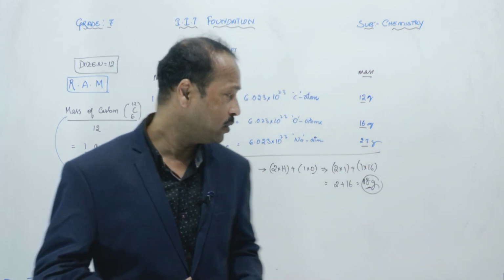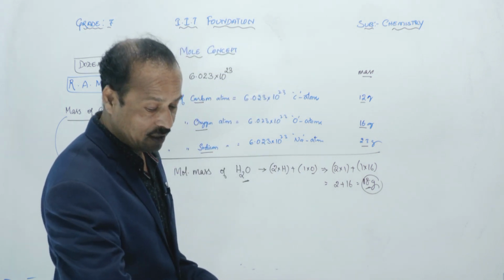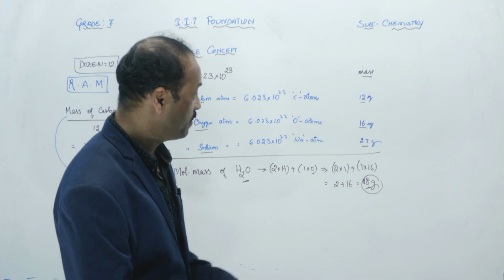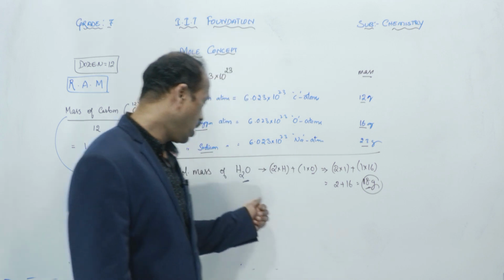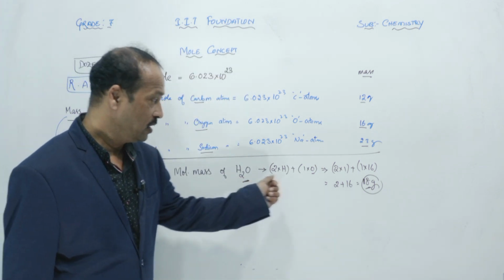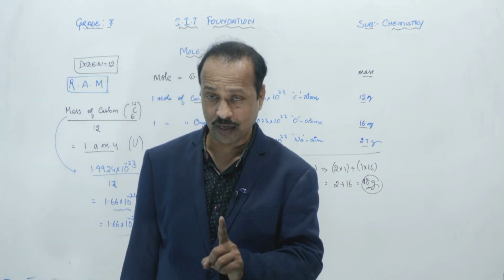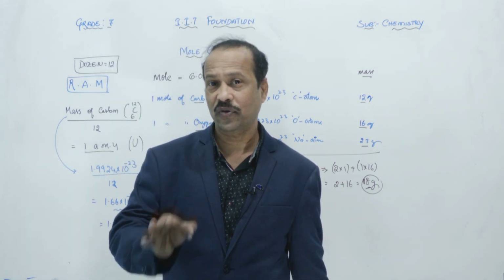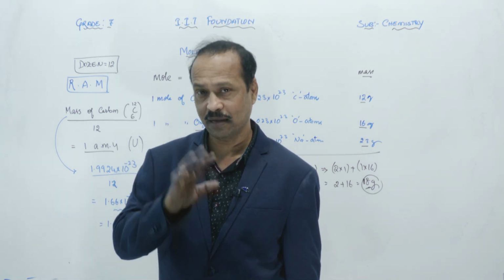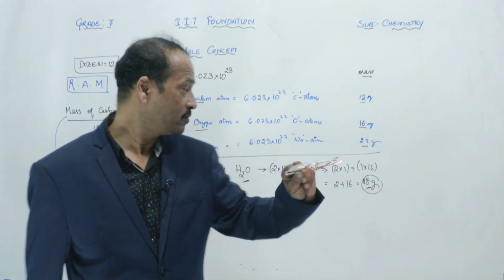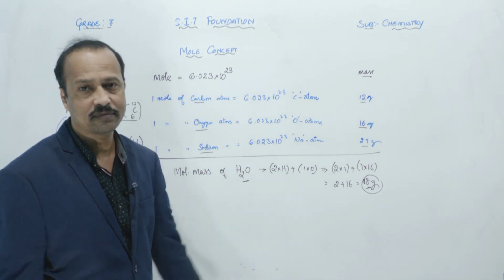Now what can you understand from this gram molecular mass? Again, this is once again very important. So here 18 grams of water is the molecular mass of water. If I take 18 grams of water and count the number of water molecules present in it, how much will I get? 6.023 into 10 to the power 23.